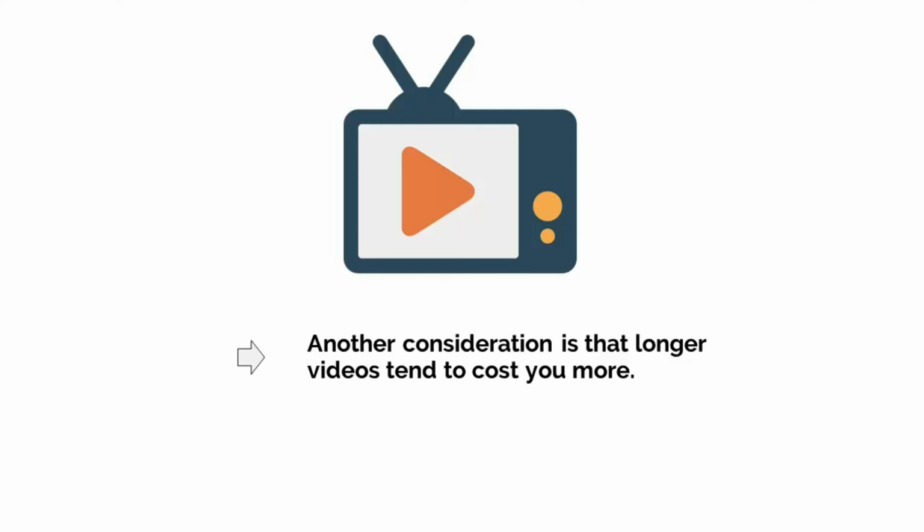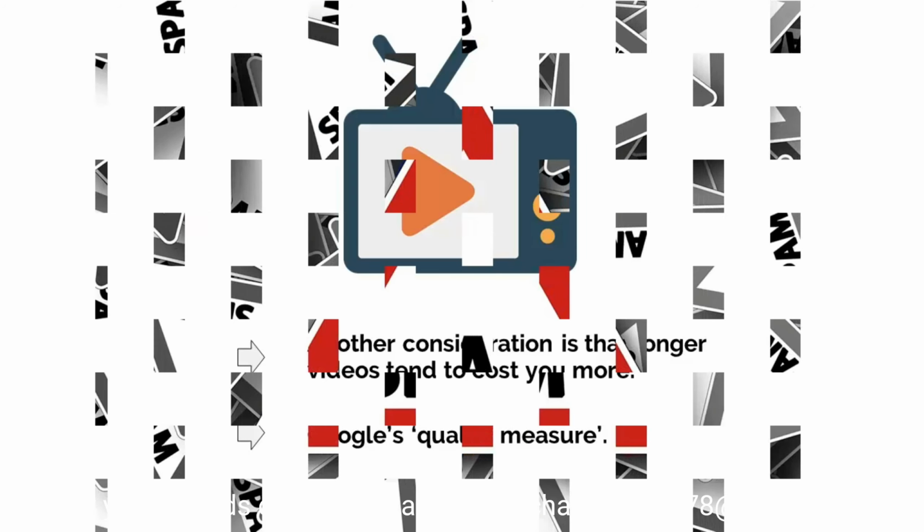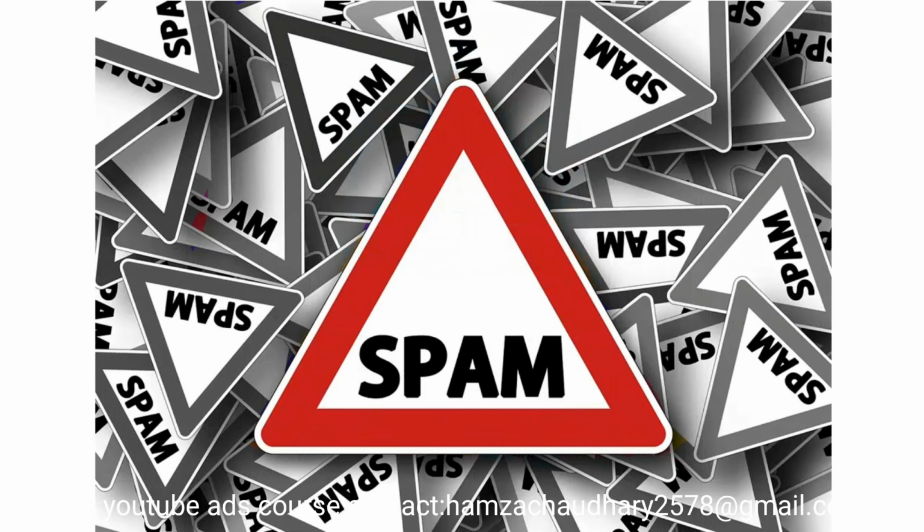Now, this might come as something of a surprise, seeing as your views are supposed to be calibrated via bidding, but it all has to do with a new feature, Google's quality measure. You see, Google doesn't want advertisers to be able to ruin its search engine or video service by creating spammy videos that are poorly made and promote low-quality products, but they don't have time to manually vet every advert that gets uploaded.